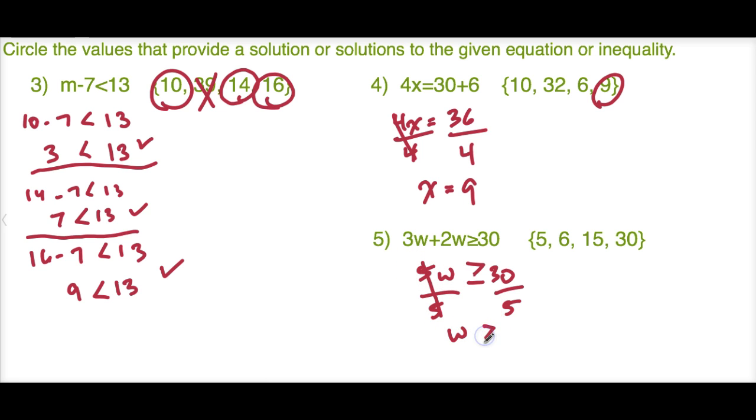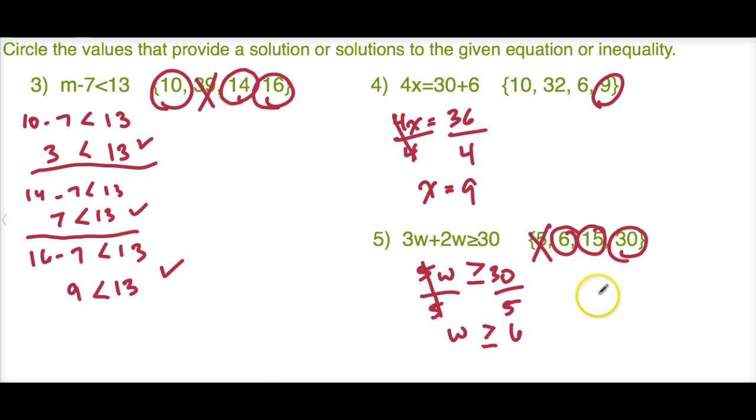W is greater than or equal to 6. So that means looking at my solutions here, I have to find values that are bigger than or equal to 6. So that means that the 6 will work, the 15 will work, and the 30 will work. The 5 will not because 5 is not greater than or equal to 6.